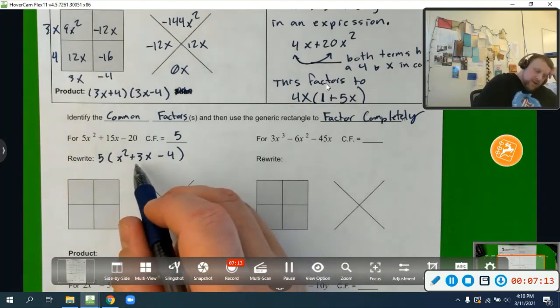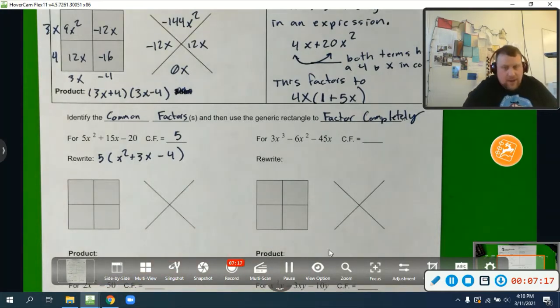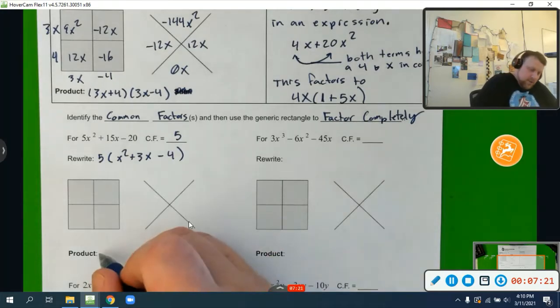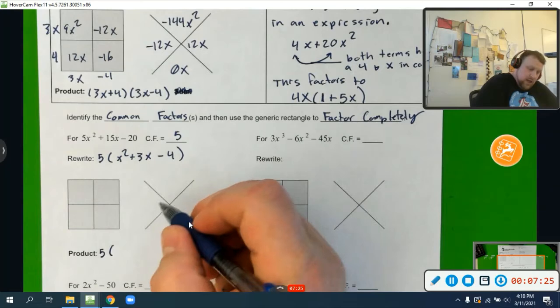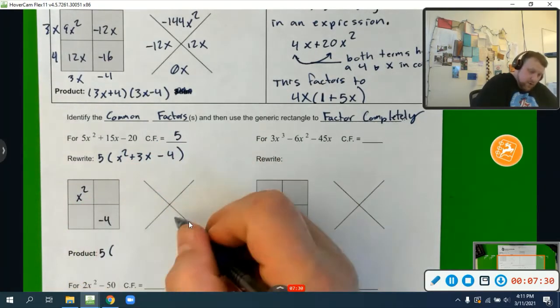So now what are we going to do? We're only going to factor the inside. So on this product here, though, we can't forget that 5 is going to be part of the product. So we need to come down here and write 5. And now I'm going to factor the inside. So x squared minus 4, 3x.